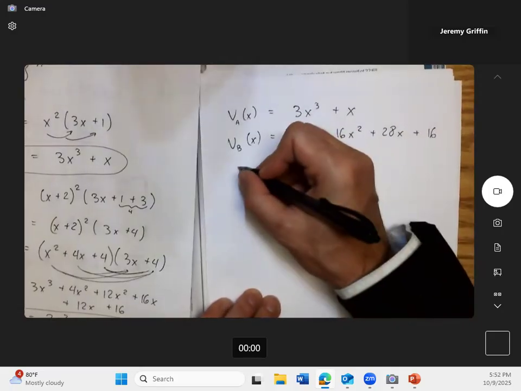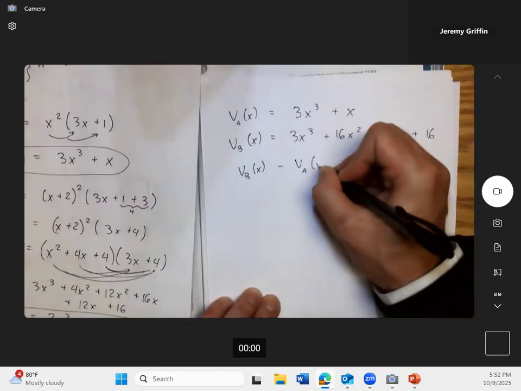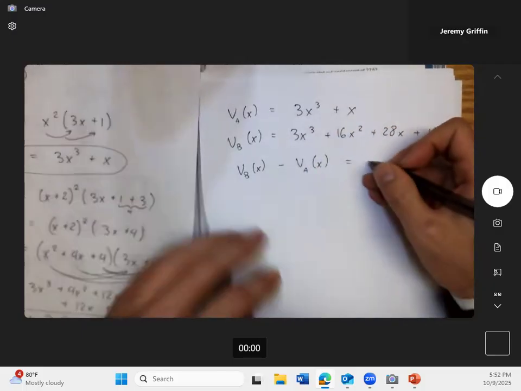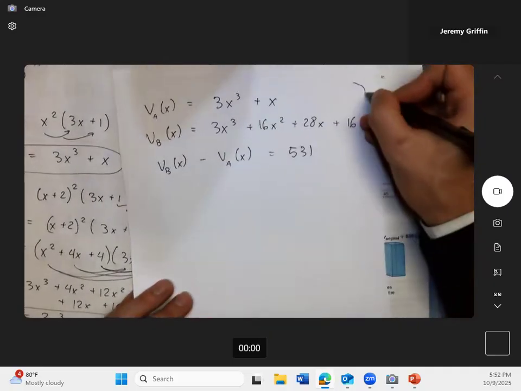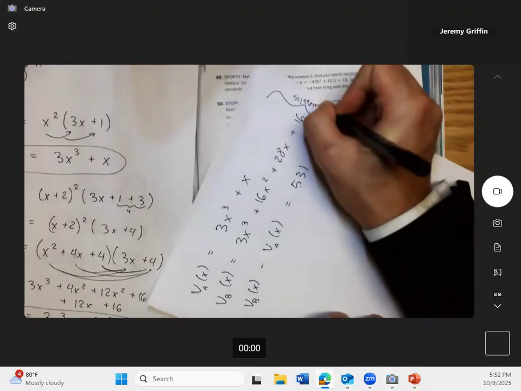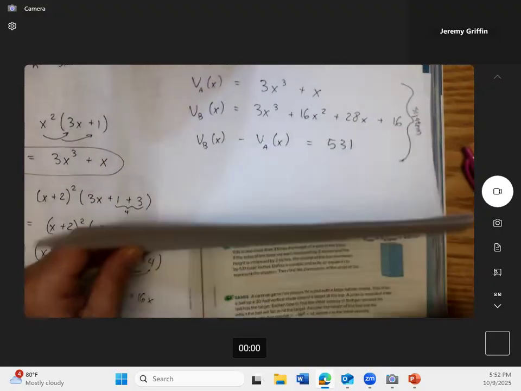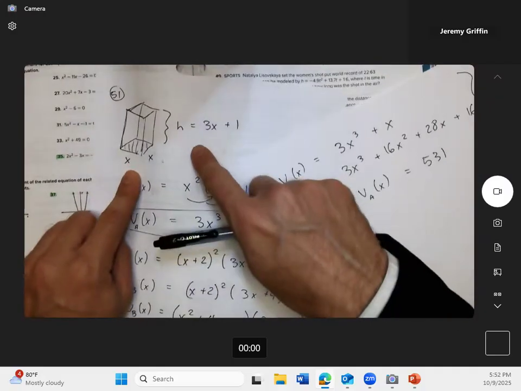And I know if I do volume B minus volume A, it is equal to 531. So this right here is my system. This should be solvable because we said find the dimensions of the original box, so I can solve for x. And once I get x, I can go back to my original picture and get everything.